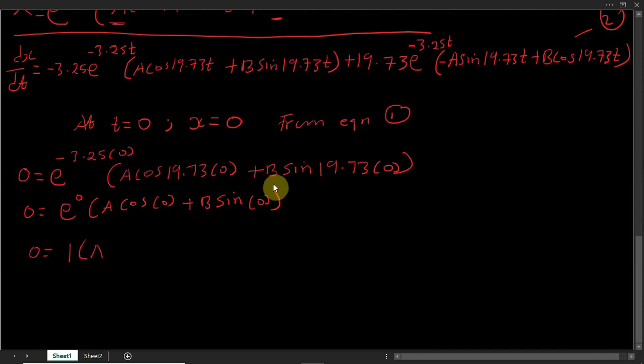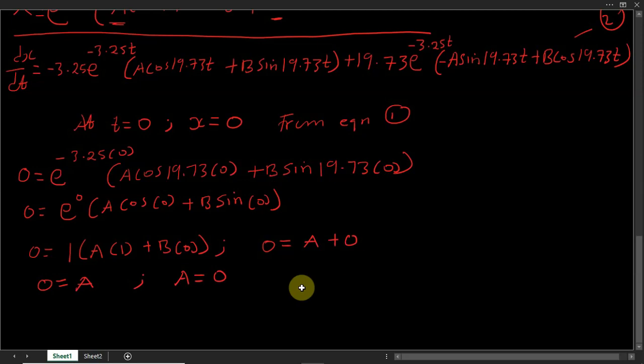Then a cos 0 gives you 1, then plus b sine 0 gives you 0. So we end up getting 0 equal to a times 1, then plus b times 0 is 0. So 0 equals a, that is a equals 0. Now we have been able to evaluate one of the constants, a, to be 0.